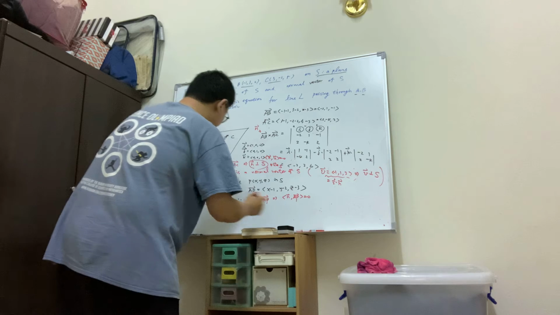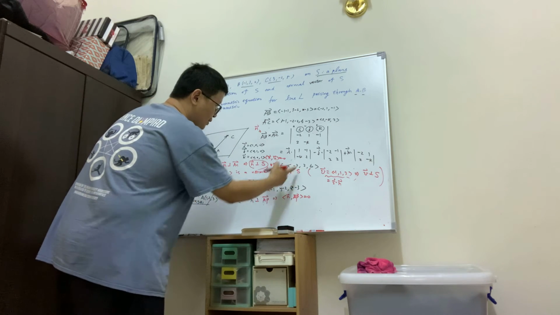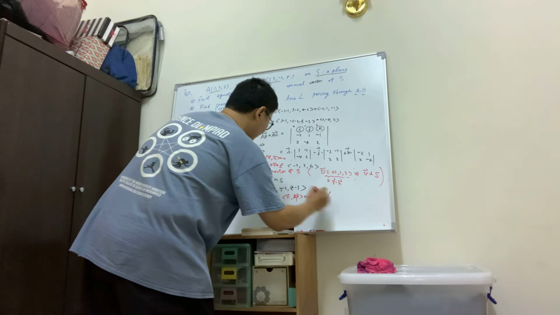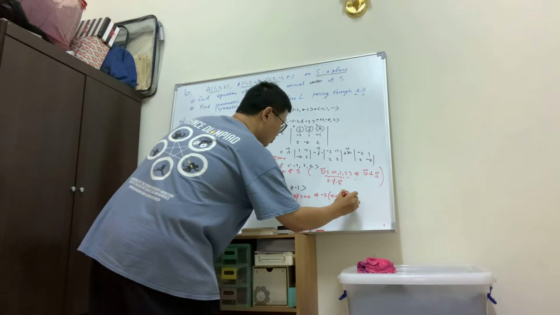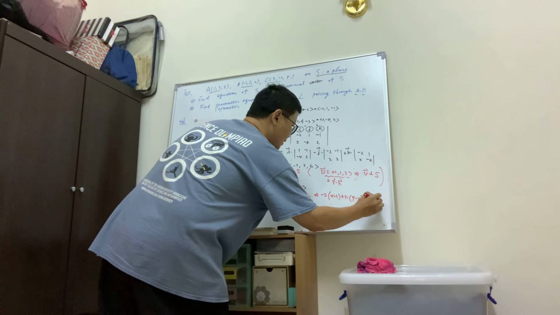So what does it mean? The normal vector n is this, AP is this, so the inner product of these two vectors equals 0. You will get -2 times (x subtract 1) plus 2 times (y subtract 2) plus 6 times (z subtract 3) equals 0.